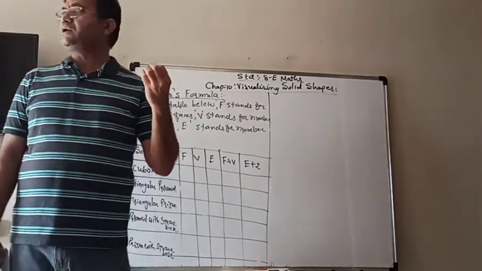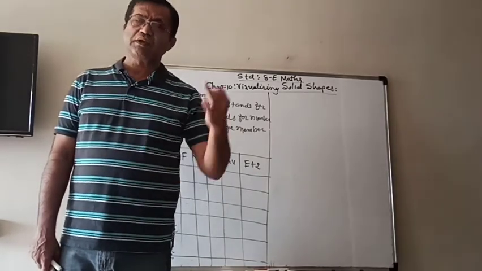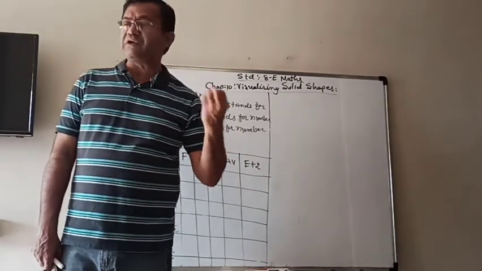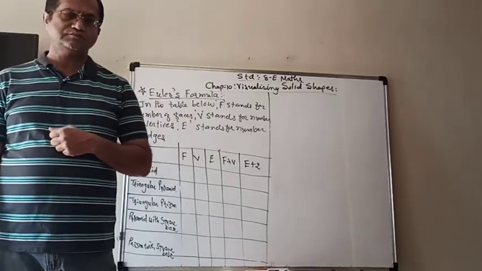So we learned about the different numbers of faces, edges and vertices in different polyhedra.